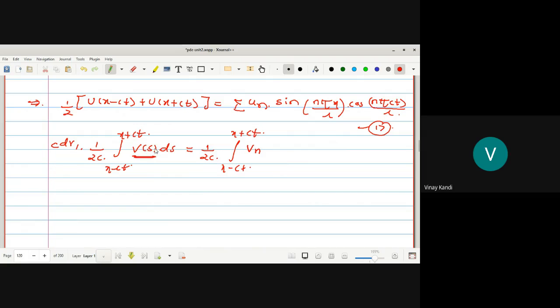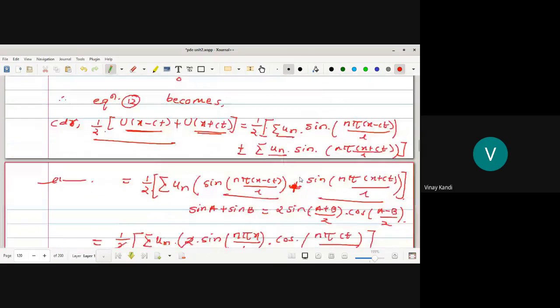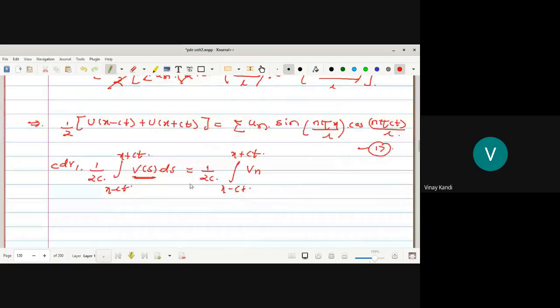What is the value of V of s? v_n into sine n pi s upon L. Instead of x we write s now. This is the small v_n into sine of n pi s divided by L ds.